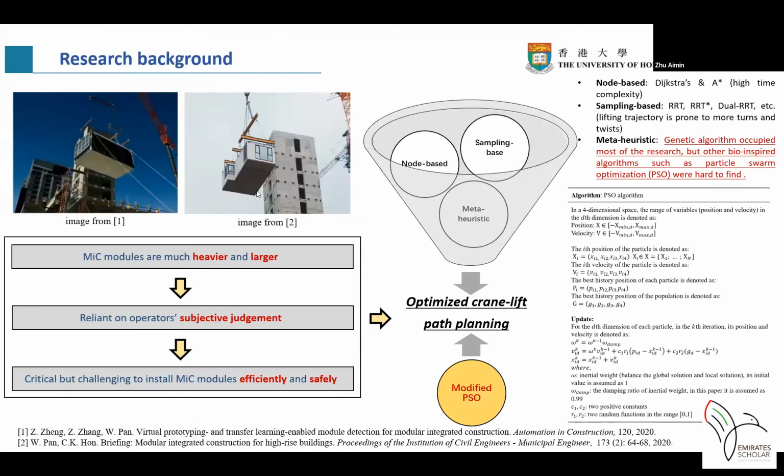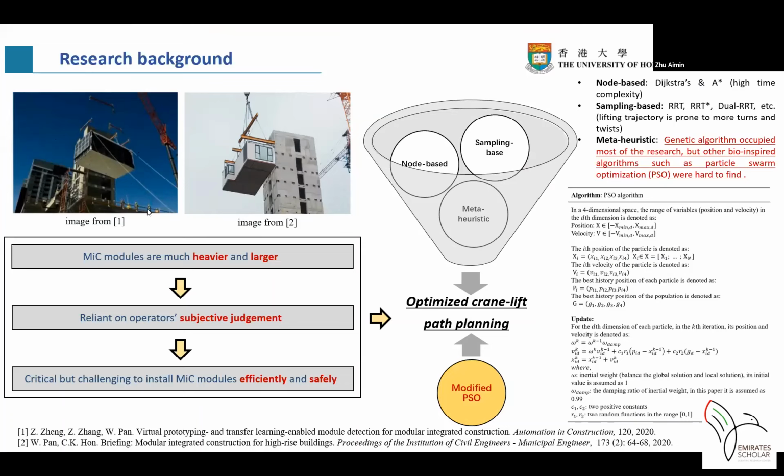As we know, modular integrated construction is the most advanced offsite technology. From these two pictures on the top left, you can find that MIC modules are much heavier and larger than conventional construction components and materials.